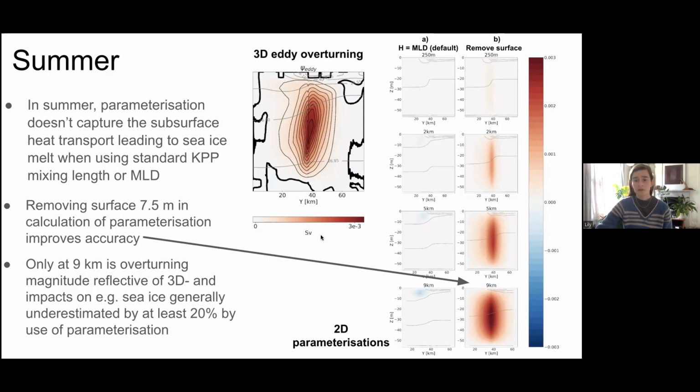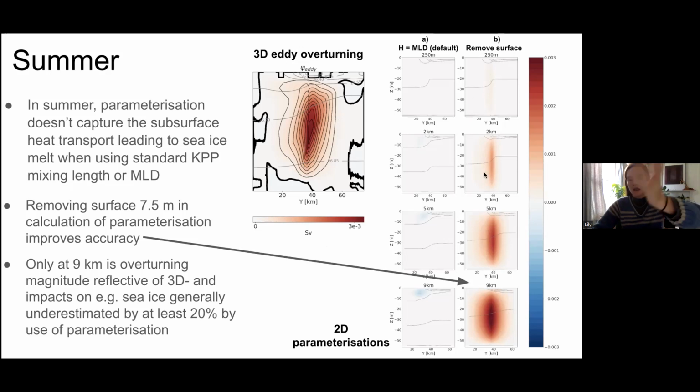So I tried manipulating a little bit, maybe the stream function, or just changing it to not include the surface layer within the parameterization. So skip out this very strong, comparatively, salinity gradient at the surface. And that means the parameterization just includes the temperature gradient, and you can see that this actually massively improves the accuracy of this parameterization. And you can see the impact of changing resolution, so resolution gets coarser going down this column.